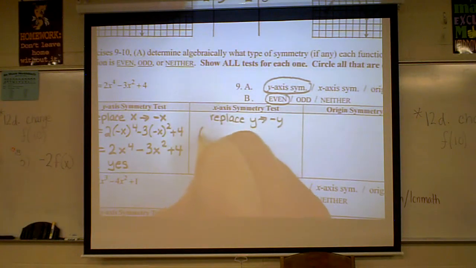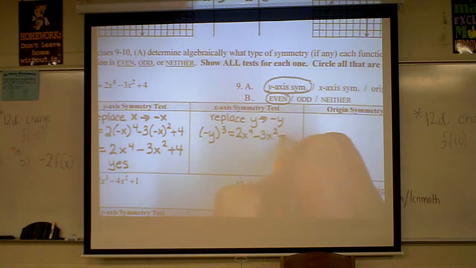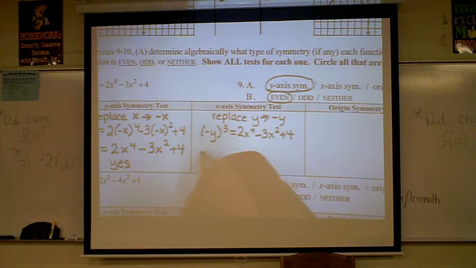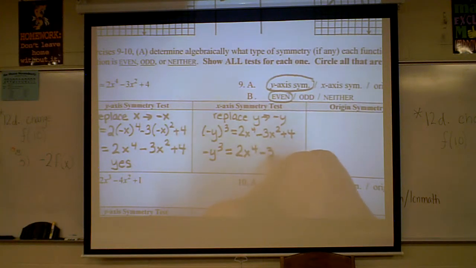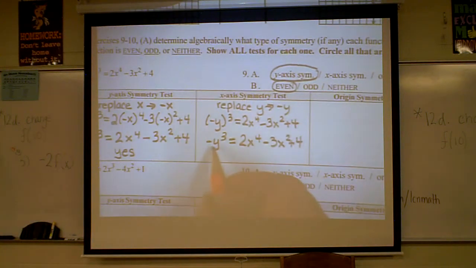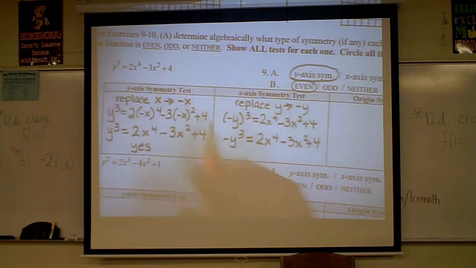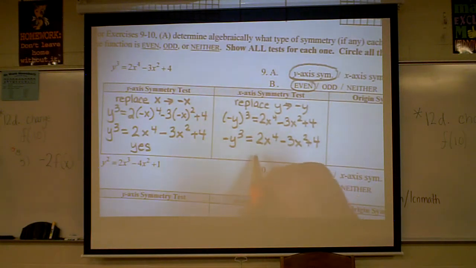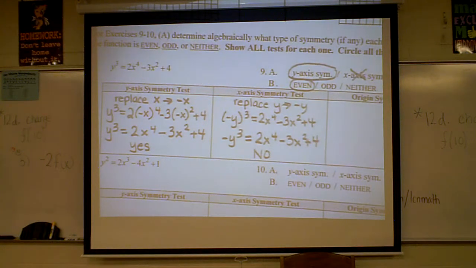When you put a -y here, because it's an odd power, it's going to stay negative. If we try to multiply everything by -1 to get a positive y cubed, it's going to change these values, so we say no. This does not have x-axis symmetry.